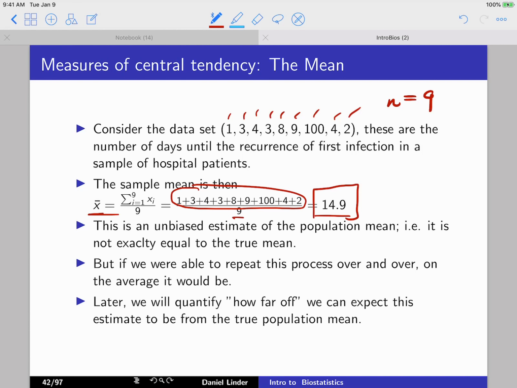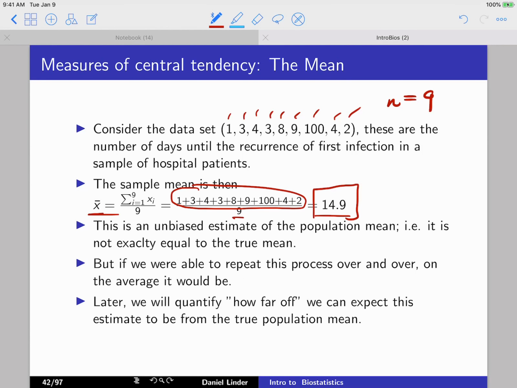If we were to repeat this process over and over, taking a sample from the population of hospital patients and looking at the number of days until the recurrence of first infection, then on average the sample means from each of those would be equal to the true population mean.